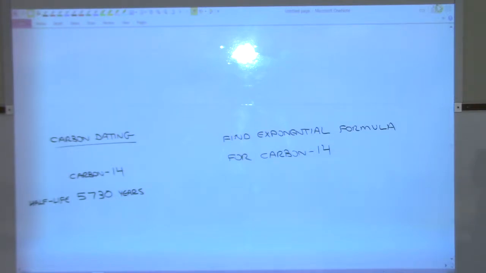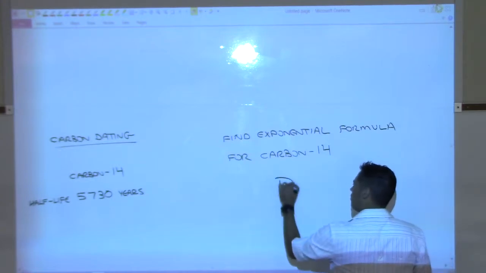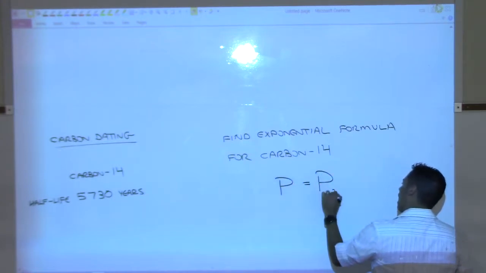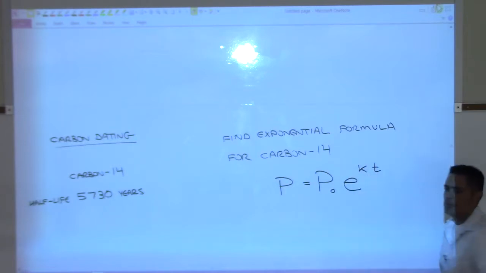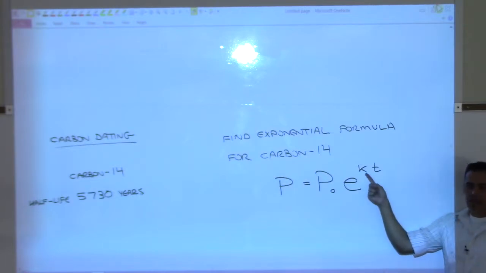Now to do this, you're going to help me. Start out with the formula that's used for all half-lives, which is this one. And how did we go about getting this K again for the last problem? What did we do?